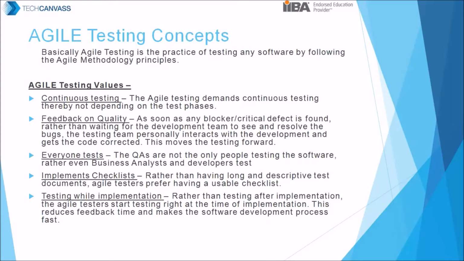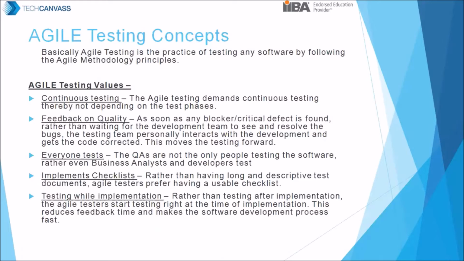So agile testing is the practice of testing any software by following the agile principles. So we just discussed agile principles, wherein we revisit the plan. If changes are required, we make the changes. In the same way, agile testing happens. Here also, the testing team works in that fashion only.